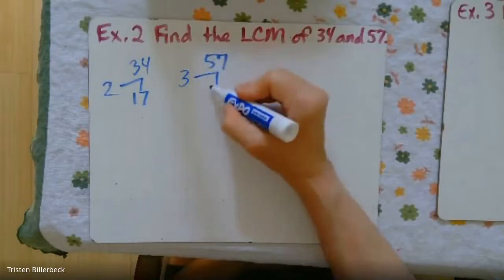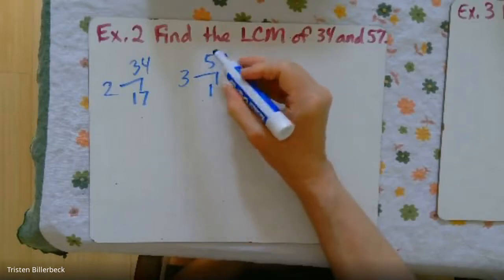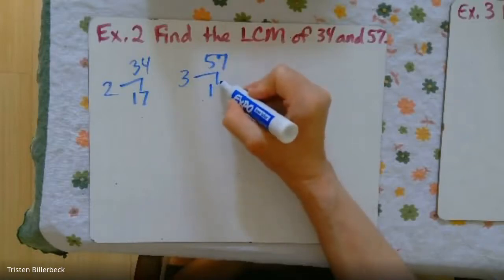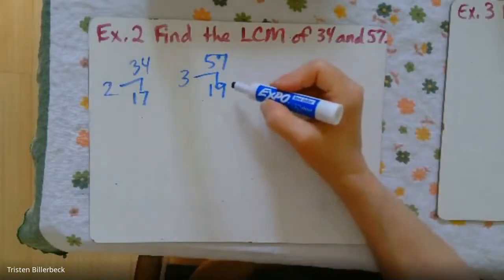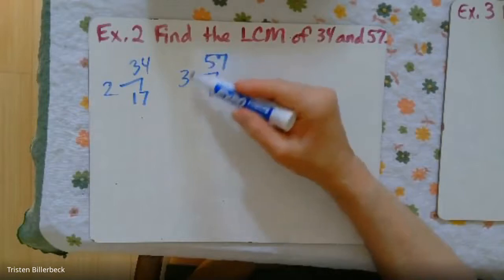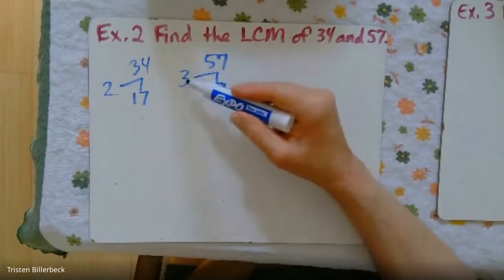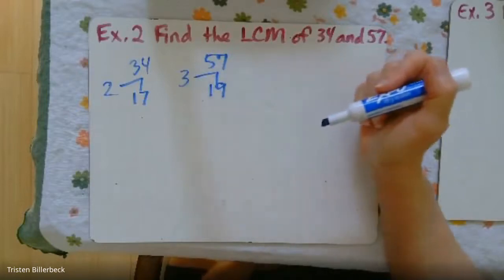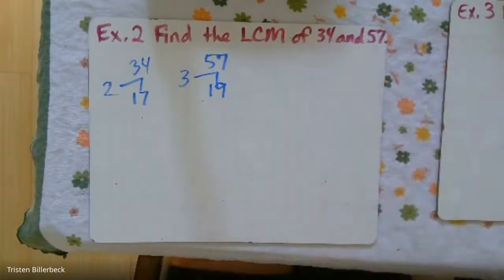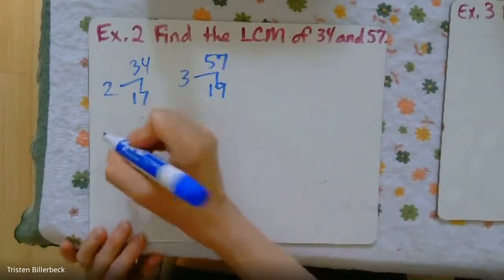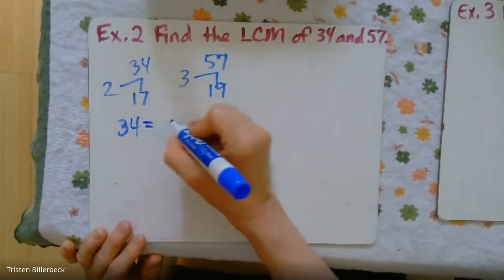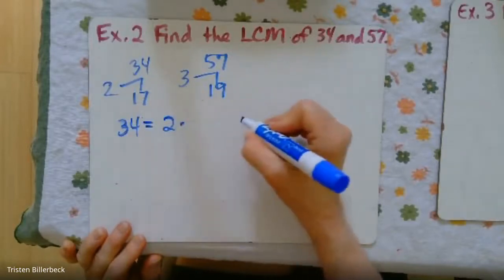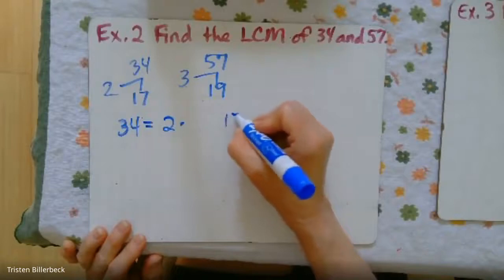When we divide it by 3, we get 19. So when we look at, what is the least common multiple? We have 34, and that equals 2 times 17.